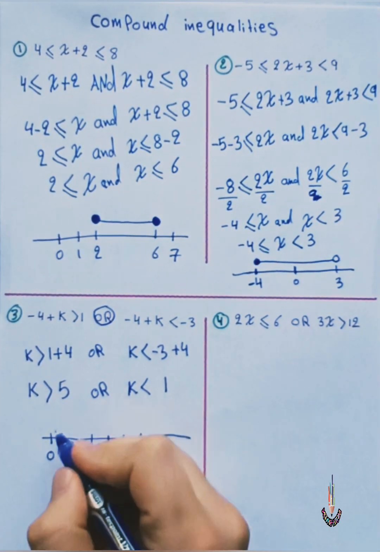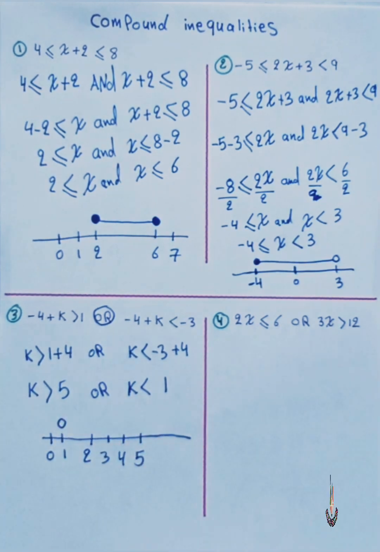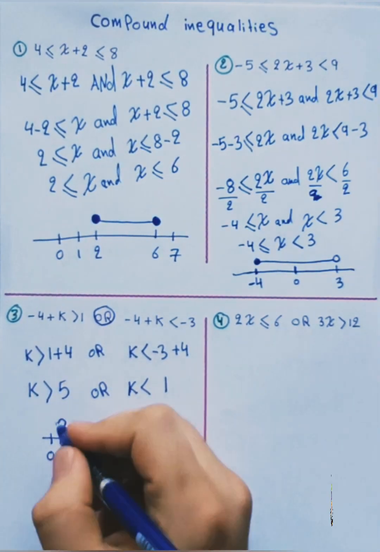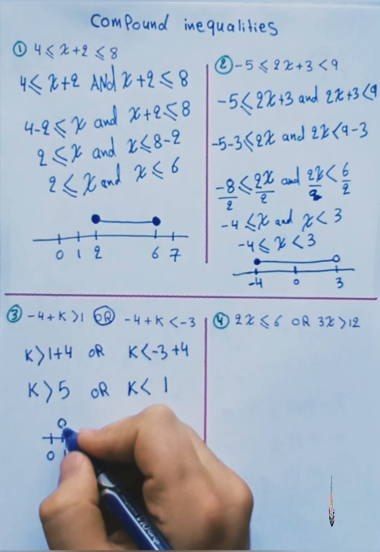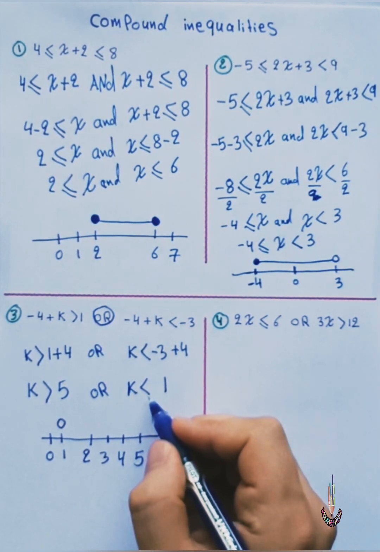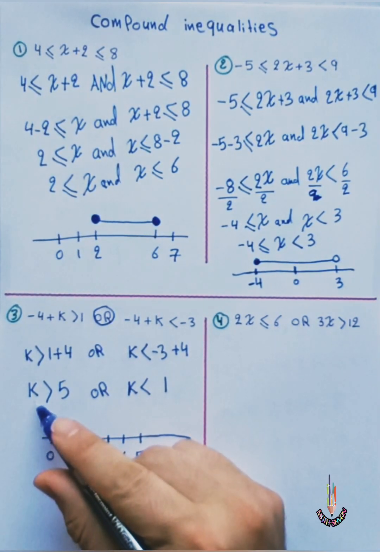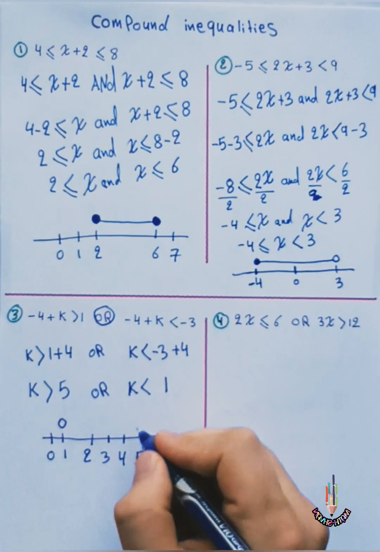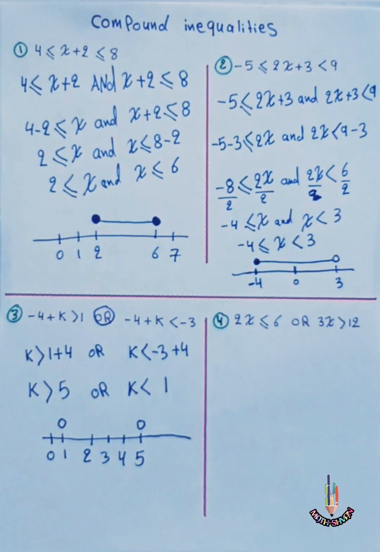After that, k is less than 1. So you have to draw a small circle, and this circle should be open because we have only less than. And k is greater than 5, so you have to draw a small circle, and this circle should be open.